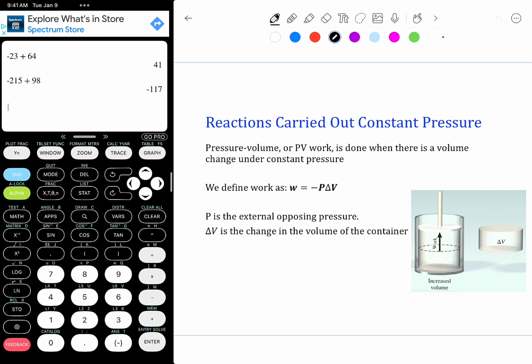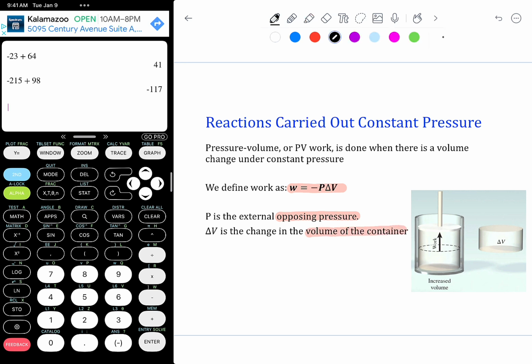We defined work in our previous lesson as just W, the work being done on or by the system, but we can determine it mathematically through the relationship work is equal to negative P delta V, where P is the external opposing pressure, the pressure outside of the system, and delta V is the change in volume of the container.